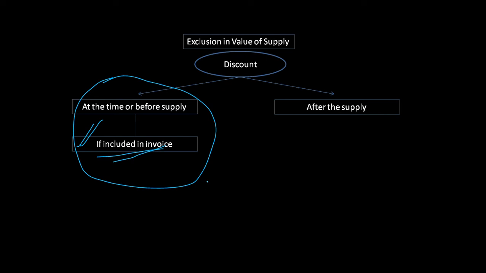Okay, some slab basis discount that are there. You may not get it if you buy a few items, but sometimes you may get it because you have purchased it in lots. So that is declared after the supply.